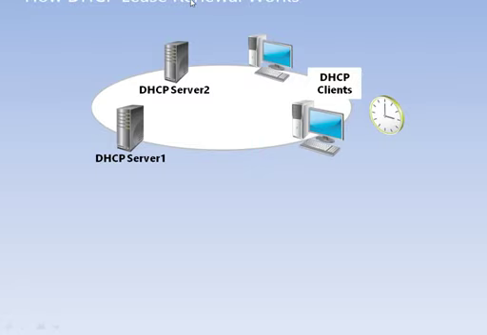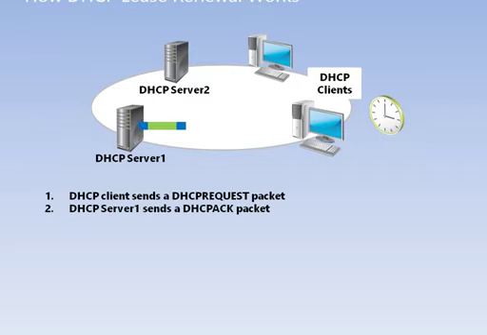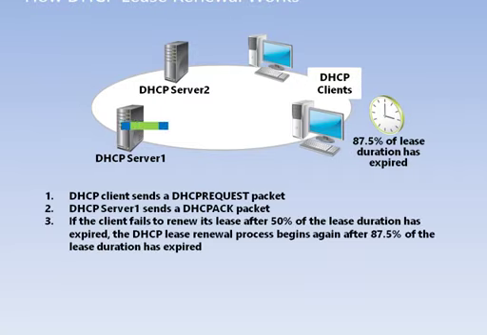Renewal process. What about the renewal process? As soon as 50% of the lease time has expired, the client machine starts the renewal process, because every IP assigned by DHCP to a client machine has a specific lease time.